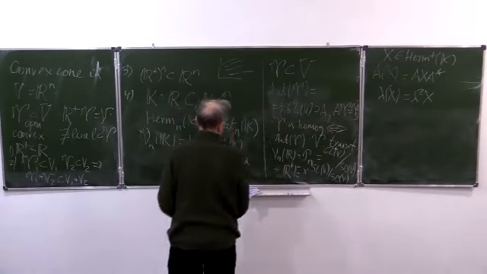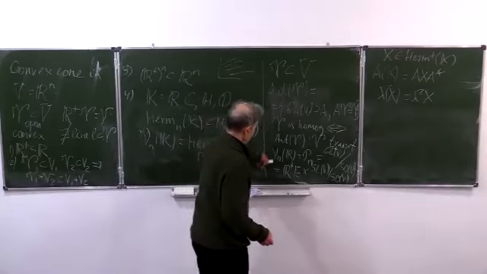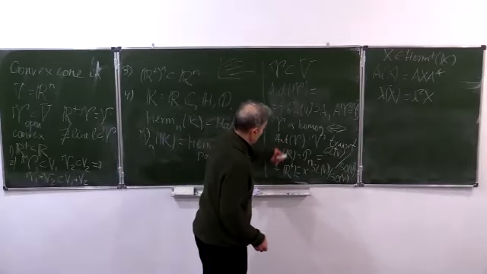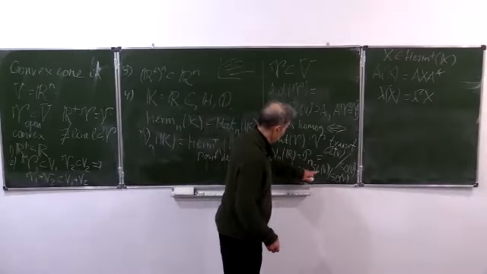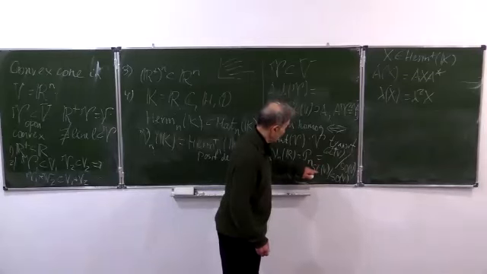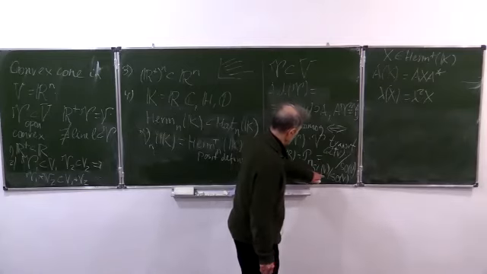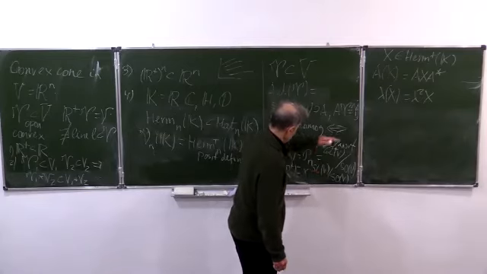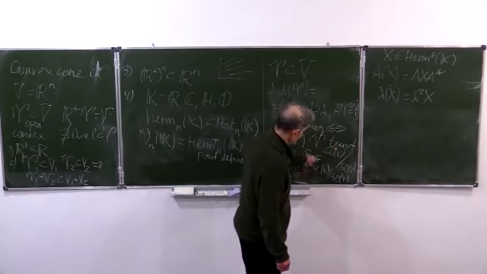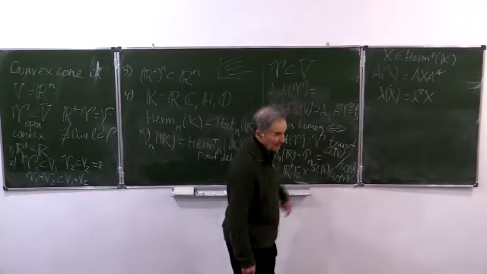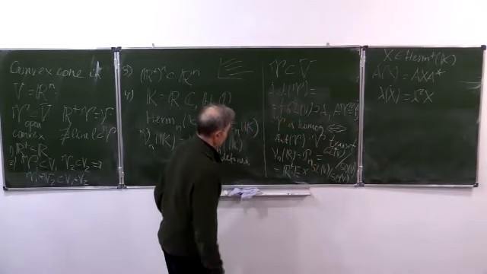Okay, so all these cones are homogeneous. If we speak only about this hypersurface, then it will be SO_n, or SU_n for the complex case, SP_n for the quaternionic case, and E6 for this special cone.